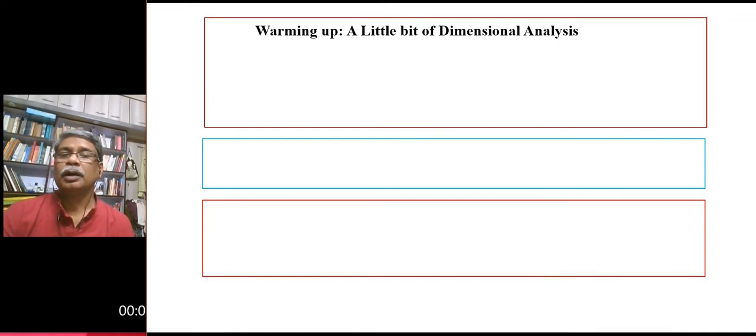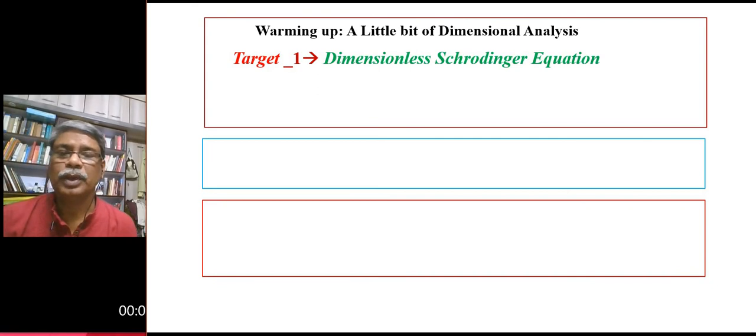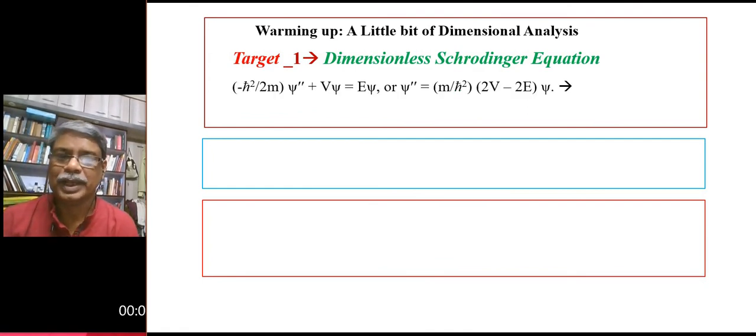So let us quickly go through the preliminary parts, warming up, a little bit of dimensional analysis. As we have explained earlier, we need to have a dimensionless Schrodinger equation. That means we have to transform the Schrodinger equation as such to this form.